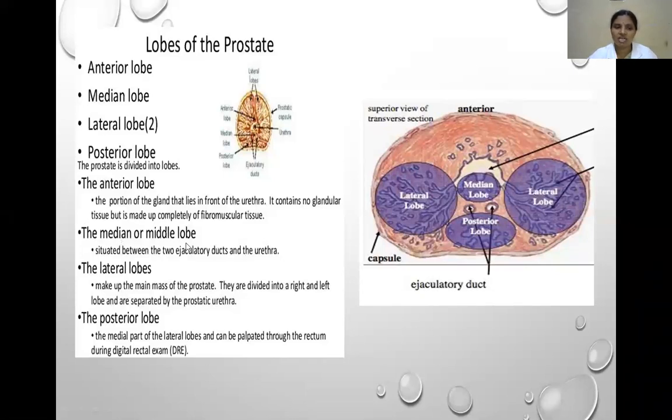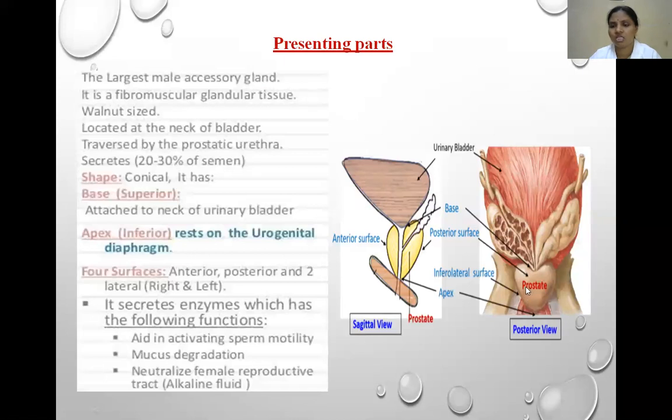Then what is the median lobe? If you divide the posterior surface, a transverse sulcus divides the posterior surface into upper smaller and lower larger areas. So this upper area, behind the urethra, represents the median lobe of the prostate gland.